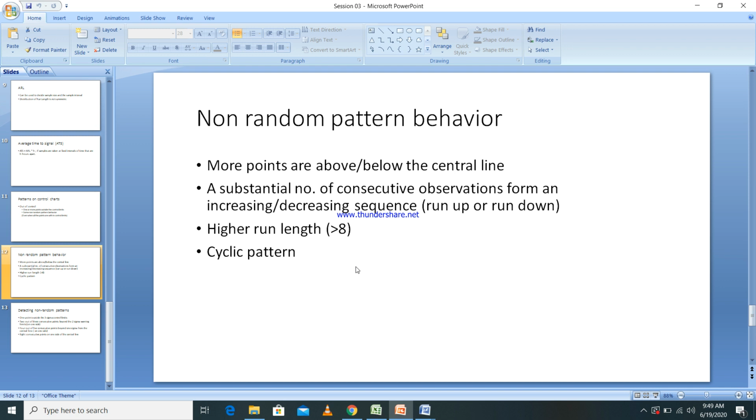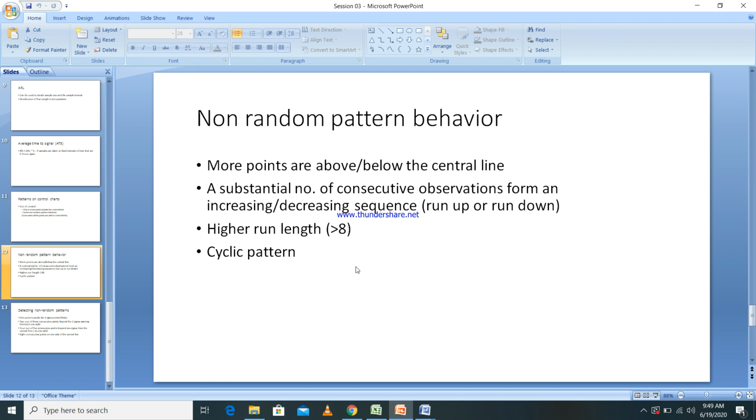So what are these non-random pattern behaviors? Sometimes more points can be above or below the central line, so there is a pattern, or a substantial number of consecutive observations form an increasing or decreasing sequence. Again, that can be a non-random pattern behavior.